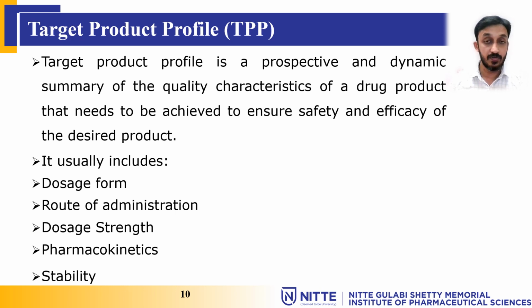Thus, the QbD program begins with designing a product profile that is called the target product profile, which will include all the variables and all design aspects such as dosage form, its route of administration, dosage strength, pharmacokinetics, and stability.